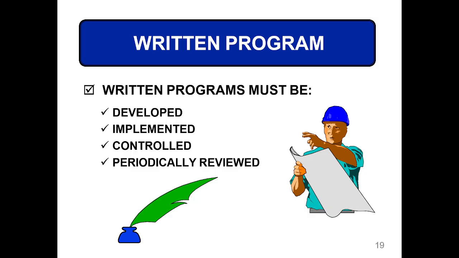So the written program must be developed, implemented, controlled, and periodically reviewed. So you may realize that you're now being driven to what a PDCA cycle is: plan, do, check, act. That is what is applied in all health and safety related management programs, including this accident investigation program.